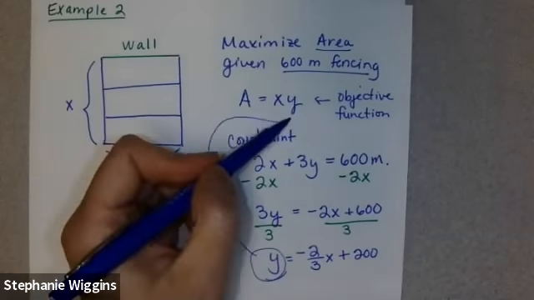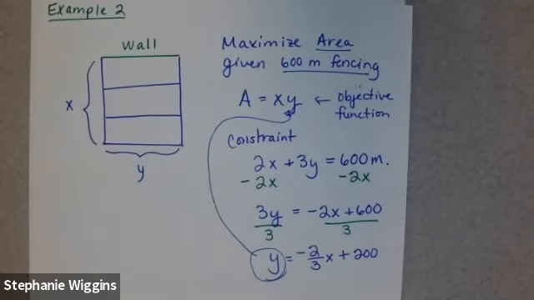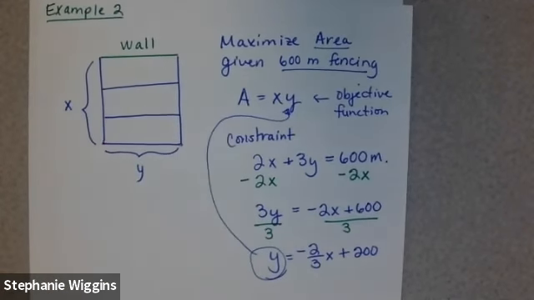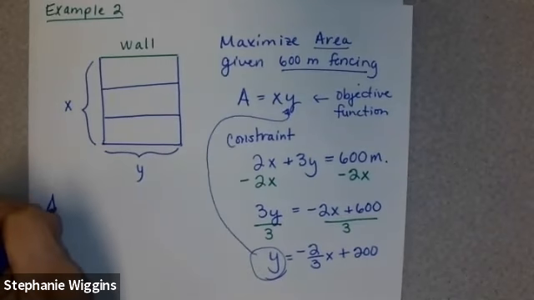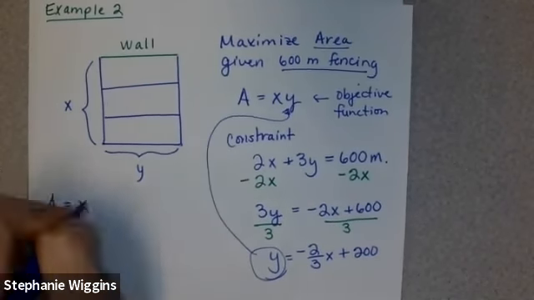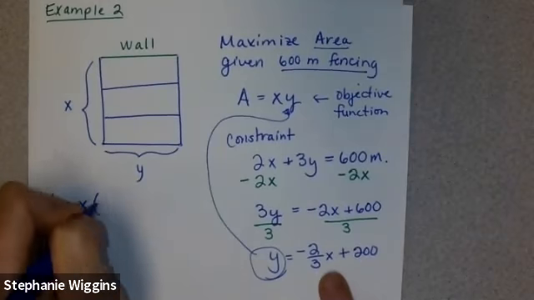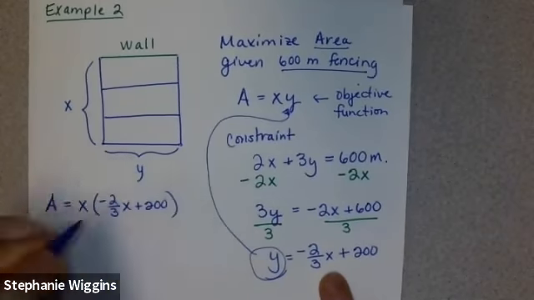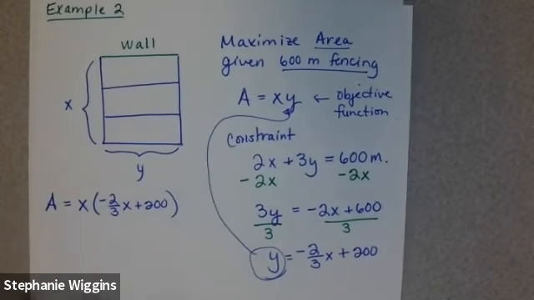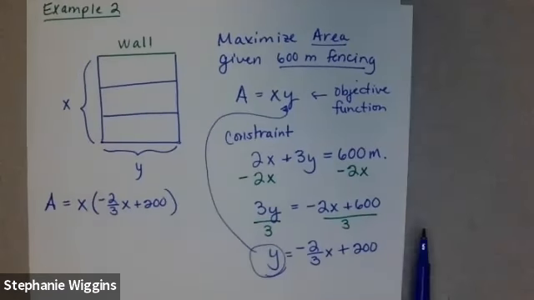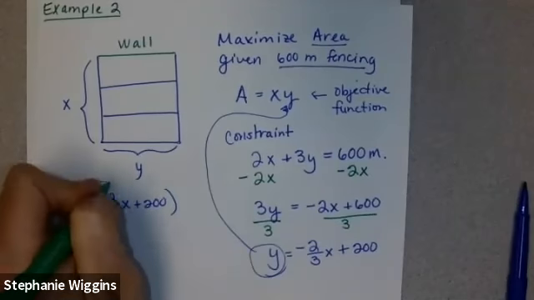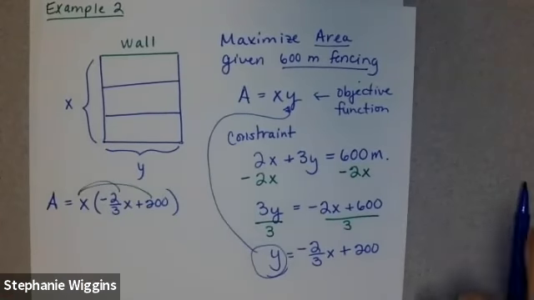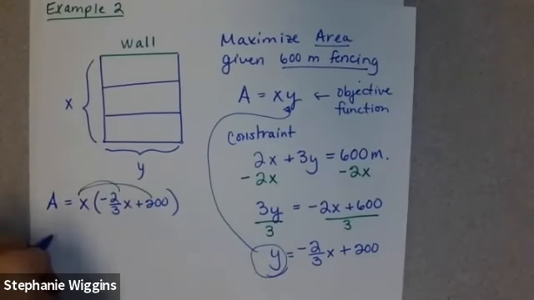So now I'm going to take this Y and substitute it into my objective function. And that will give me that the area is X times Y, which is X times negative 2/3 X plus 200. Okay. And so now I have this function. I'm going to go ahead and distribute this X through the parentheses.